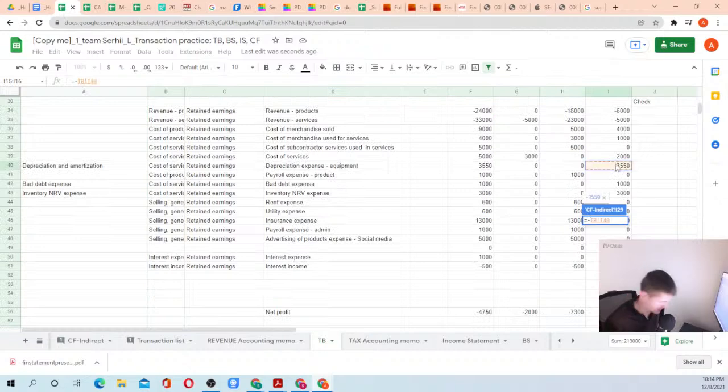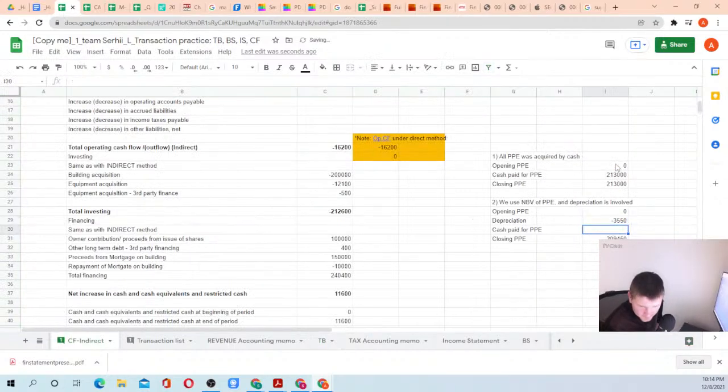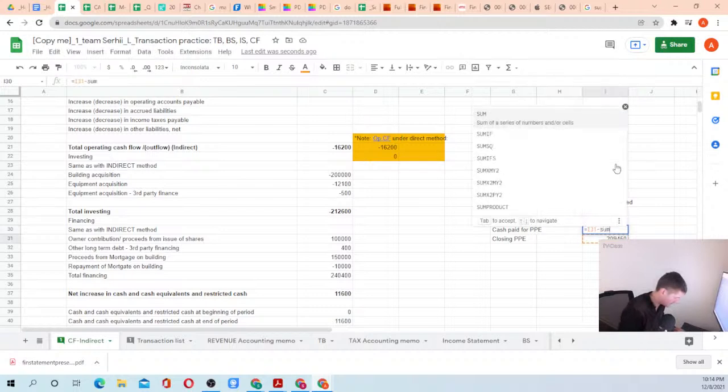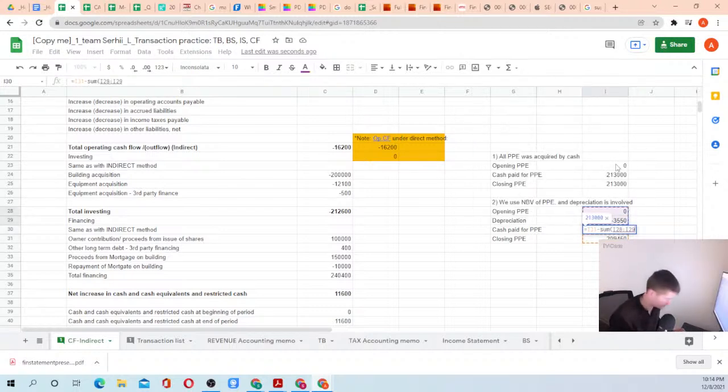And depreciation is here. So now to figure out the number, I will take that amount and deduct whatever is above it. So basically we incorporated depreciation in that calculation.